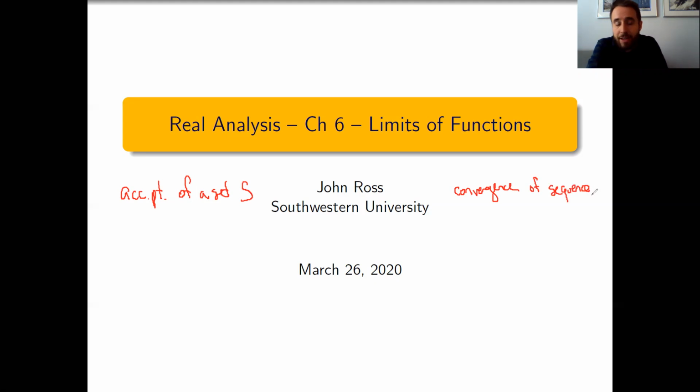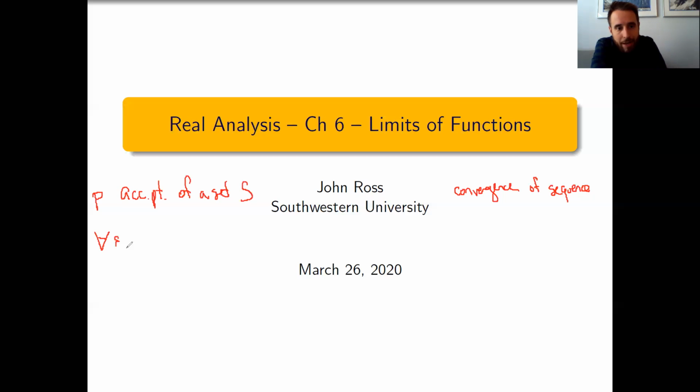Both of these definitions, much like we will see the definition of the limit of a function, deal with questions of behavior in a sort of infinitely close or arbitrarily close manner, right? And we see that these two definitions are relatively similar to each other. If we want to say that a point P is an accumulation point of the set S, we are really saying that elements of S are arbitrarily close to P. And we have that arbitrary closeness in this epsilon definition.